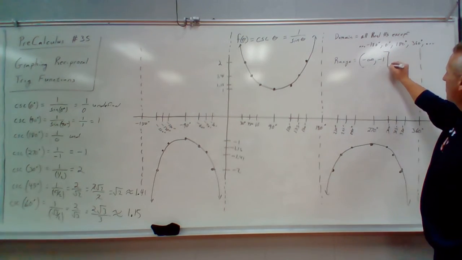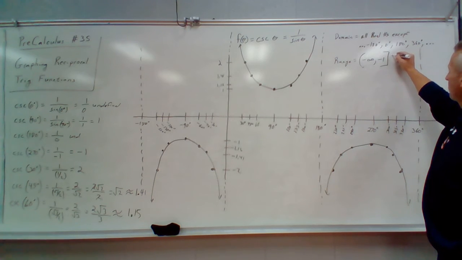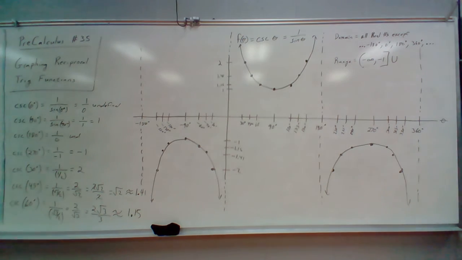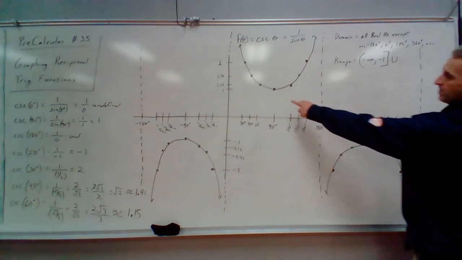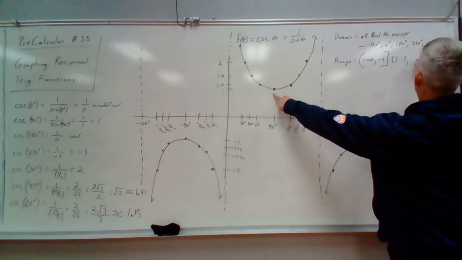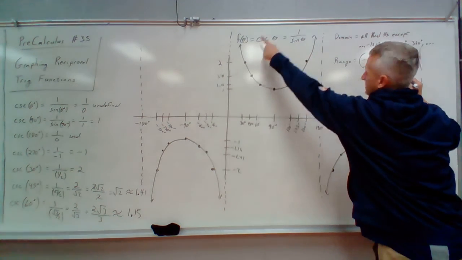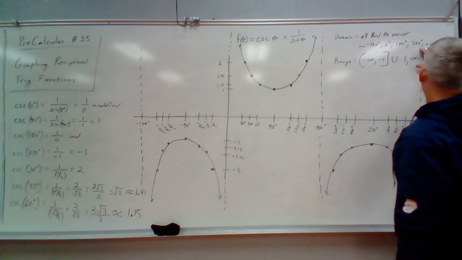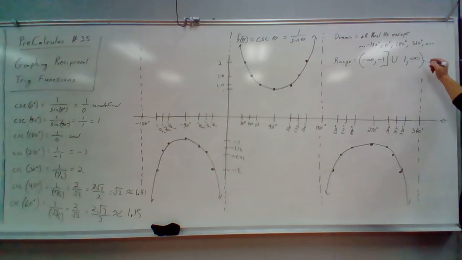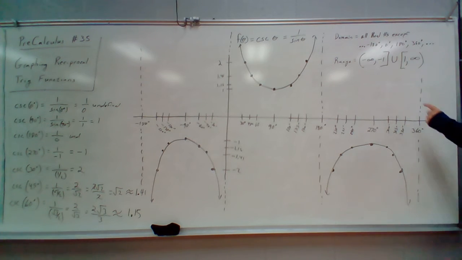So that gets a square bracket. And that symbol means union with. So also included 1 from 1 to infinity. The 1 is included. We get that.